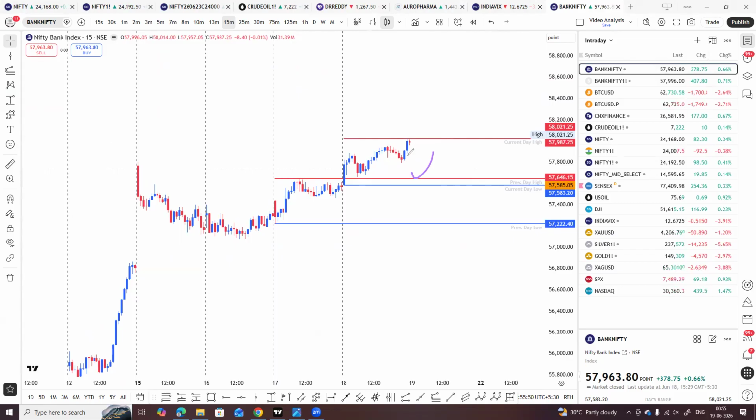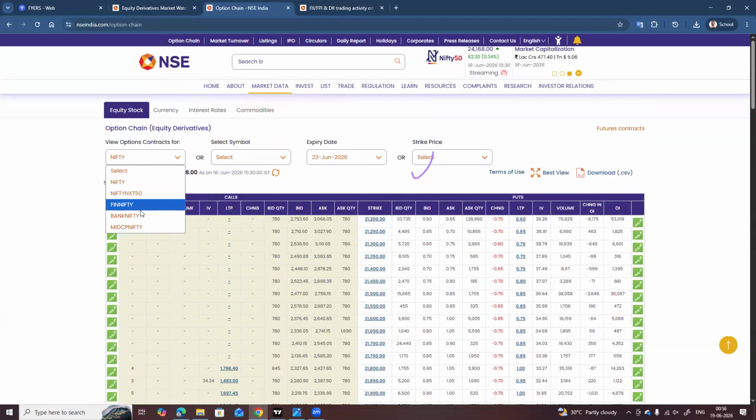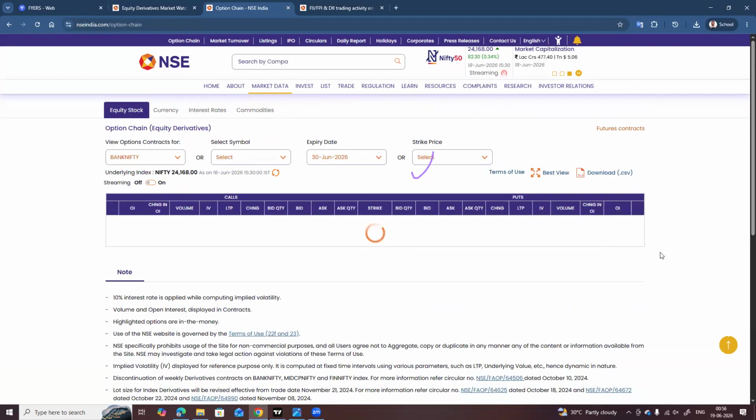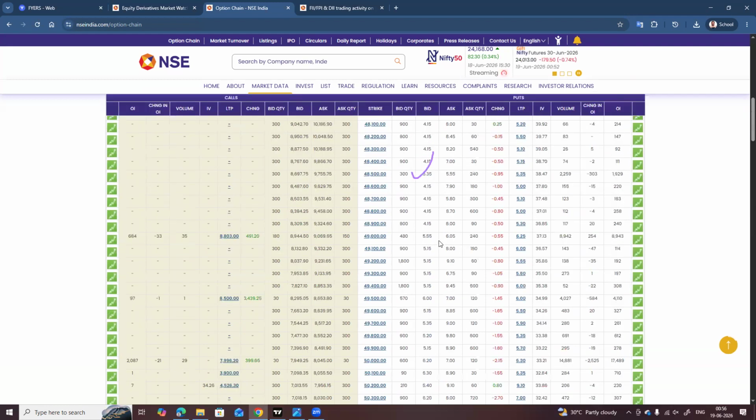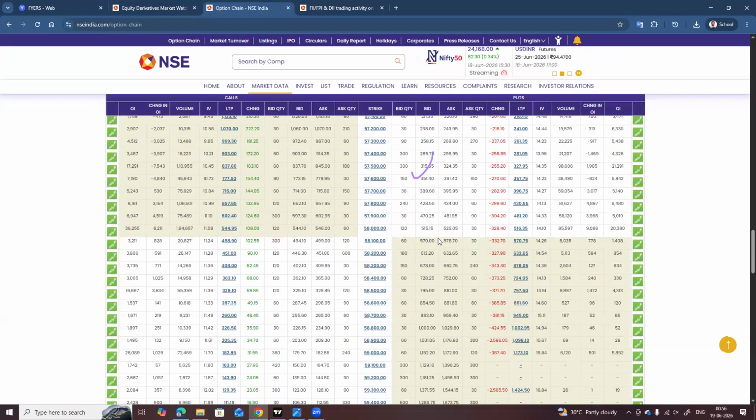Now the option chain analysis for Bank Nifty, let me open and show you. This is the option chain analysis for Bank Nifty.